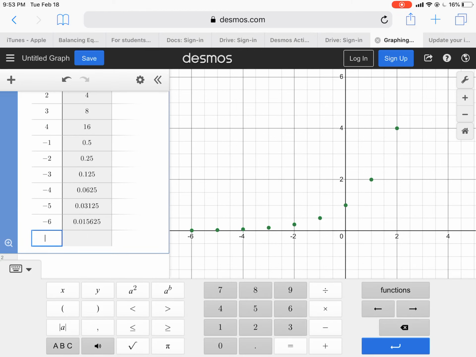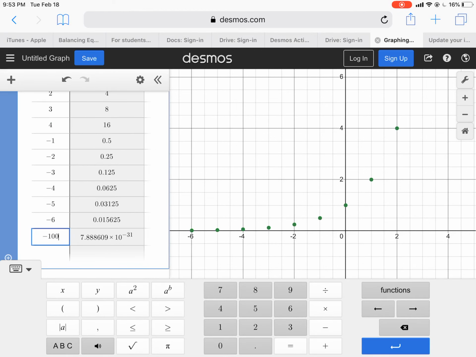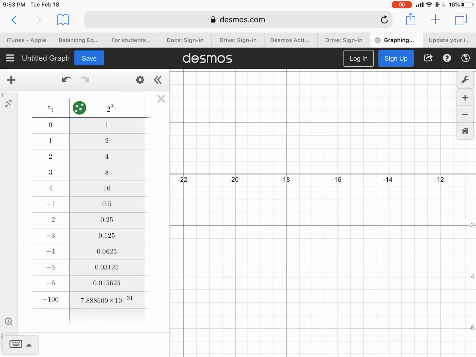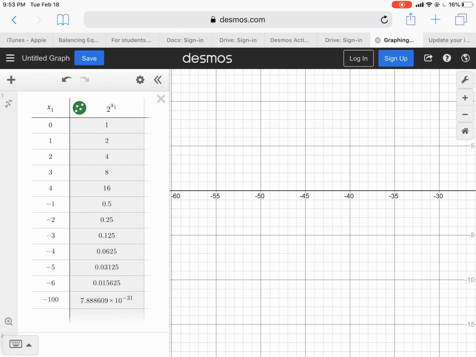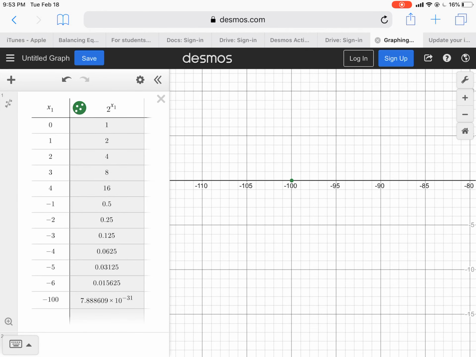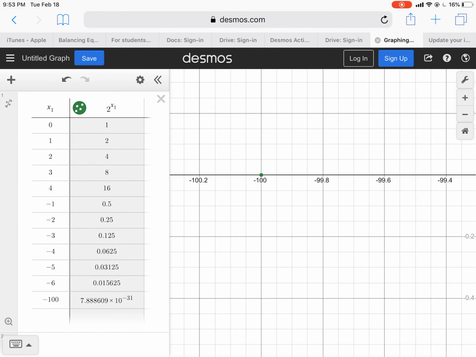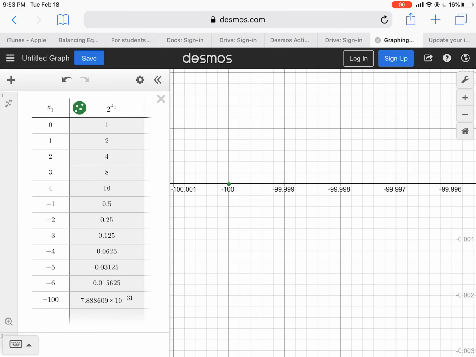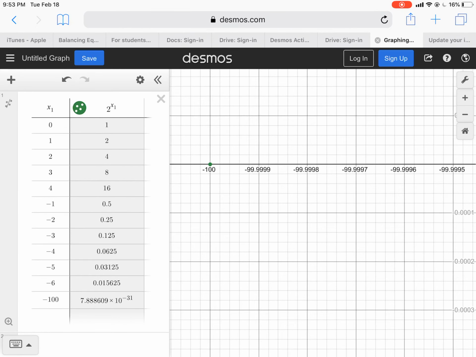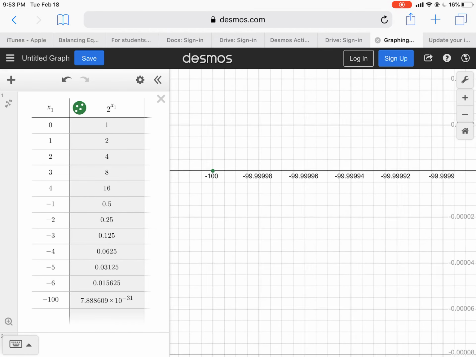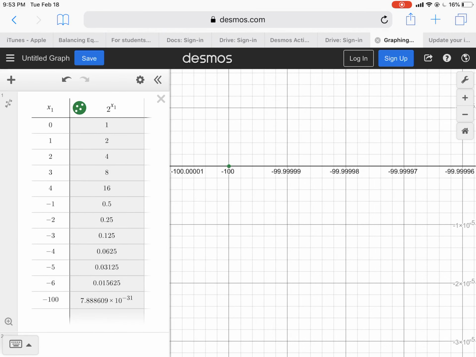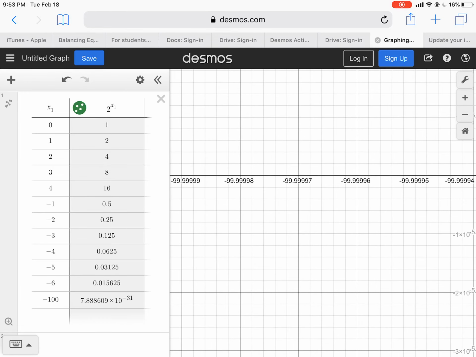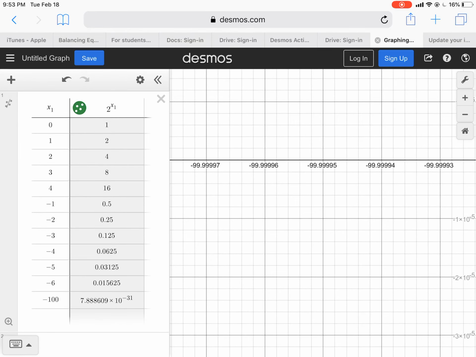Even if I put in something like a -100, look at that number, it is still really small. If I come all the way over here to -100 and then I make this larger and larger, I don't even know if I can, and show you that it technically doesn't touch. I am just expanding it and expanding it, and it does look like it touches, but it's not, because I'm over here only to -1 times 10 to the -5.